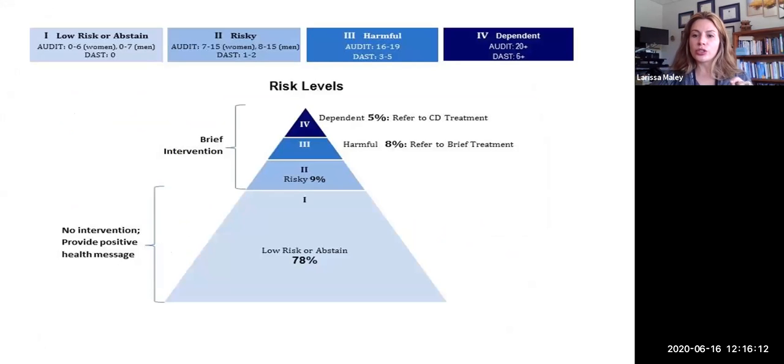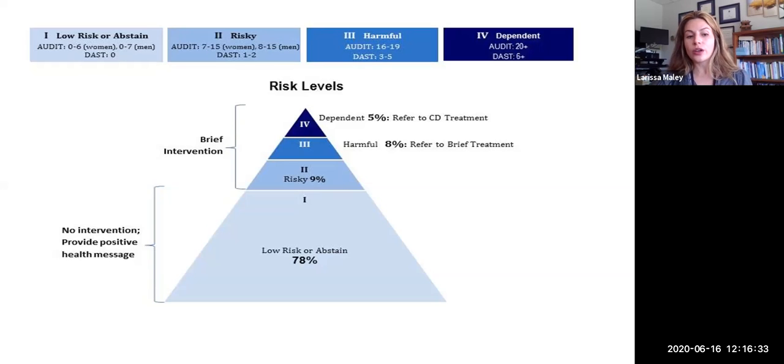This shows you a snapshot of where folks will fall in general with use disorder. The vast majority, who show up to non-specialty settings, are going to fall on the bottom of the pyramid. The 78% are at low risk or not using at all.